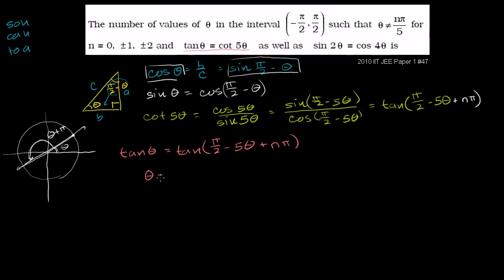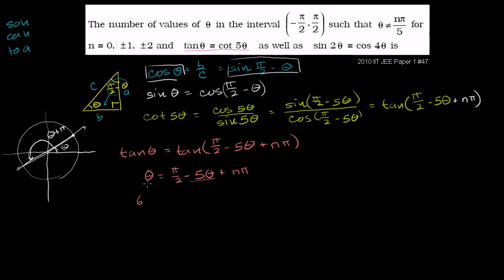So we get theta is equal to pi over 2 minus 5 theta plus n pi. Or at minimum, when you take the tangent of this, it's equal to the tangent of either the same thing, or we could add multiples of pi to it. You could view it as either way. But now we just have to solve this. We can add 5 theta to both sides of this equation.